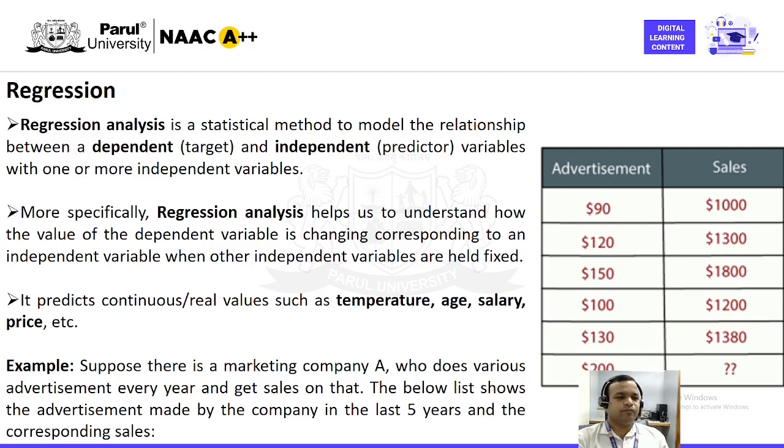Okay, so regression analysis helps us to understand how the value of the dependent variable is changing corresponding to an independent variable when other independent variables are held fixed. So with the help of regression analysis, we can understand how the value of the dependent variable is changing corresponding to an independent variable when other independent variables are fixed.